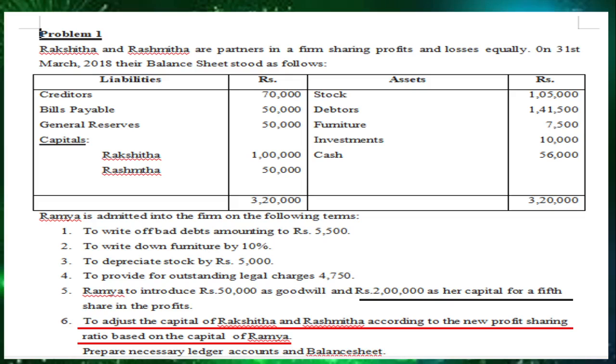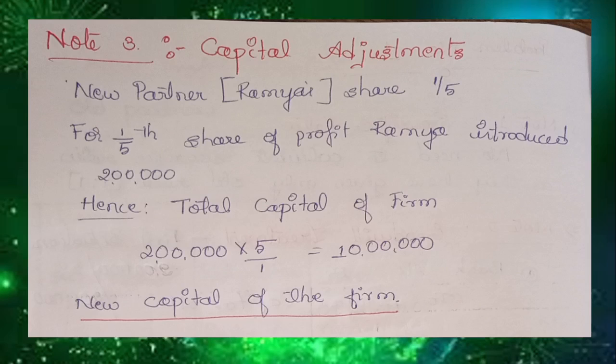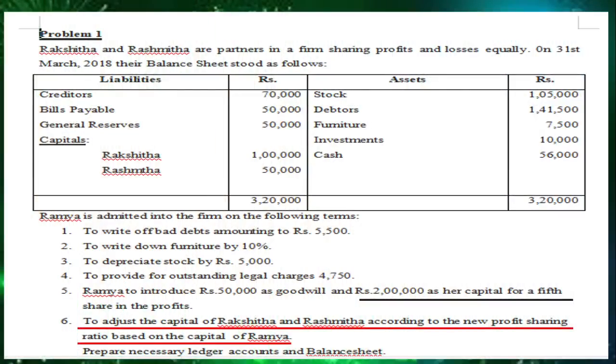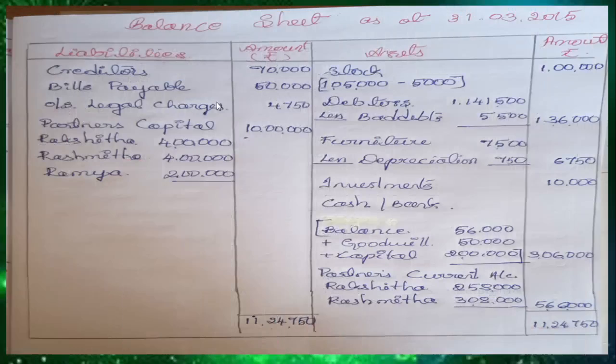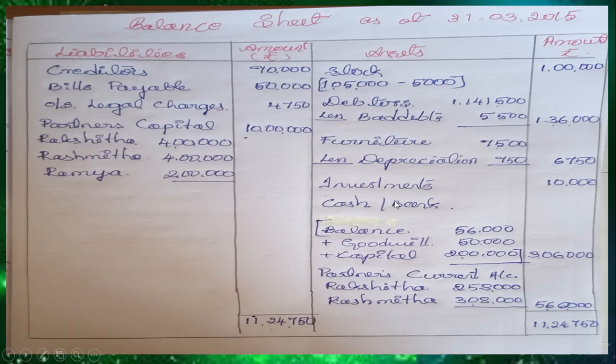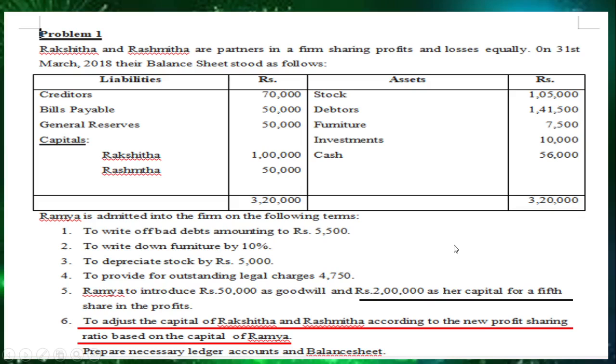So the next step is the preparation of the balance sheet. In order to prepare the balance sheet, we need to consider the old balance sheet plus adjustments. Let us start with the assets. Stock 1,05,000 minus depreciation of stock 5,000, so the remaining balance is 1 lakh.